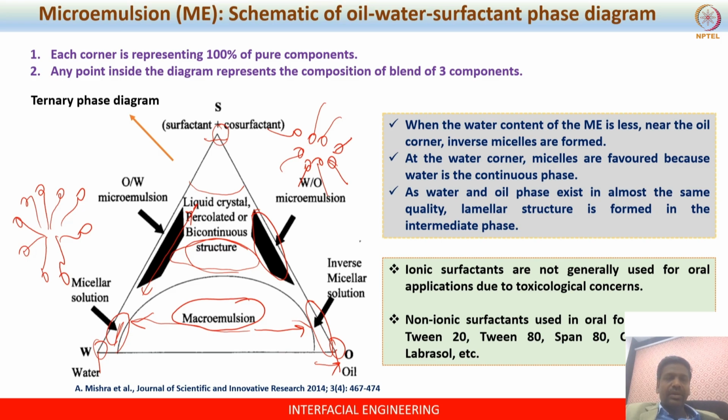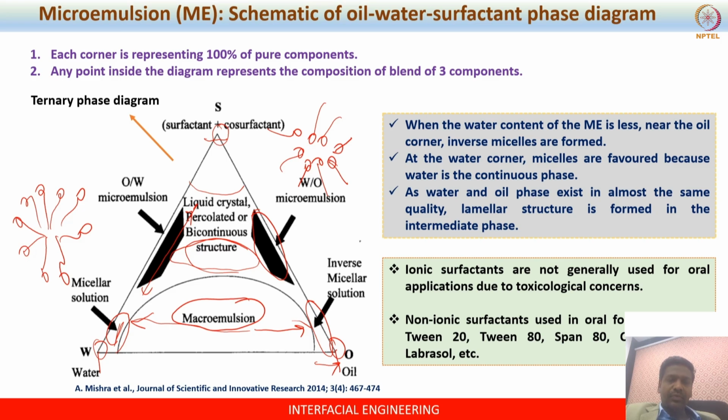So these are various structures, and depending on the composition of these three components, one would get a desired structure or output from these processes, right? It's like a kind of guideline for us. One can easily map based on this phase diagram.